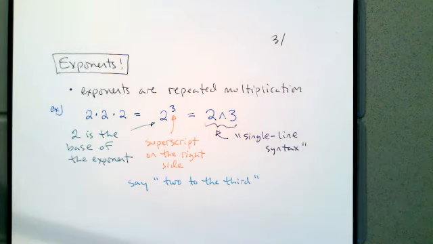Syntax is just a word meaning how we write things or type things. And single line means if we don't have the ability to write exponents, we put this little arrow pointing up and we pronounce that arrow as to the.